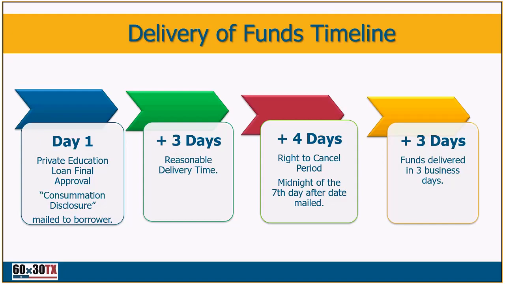And then there's 3 business days where the funds are delivered to the institution, because it typically goes through the comptroller, so it has to go through their process. So that's the 11 days referenced in the prior slide, and I thought it would be helpful for knowing where the student is at in the process when they apply.